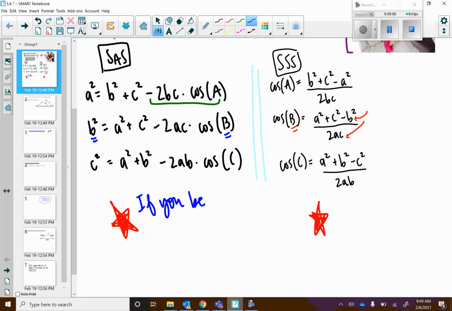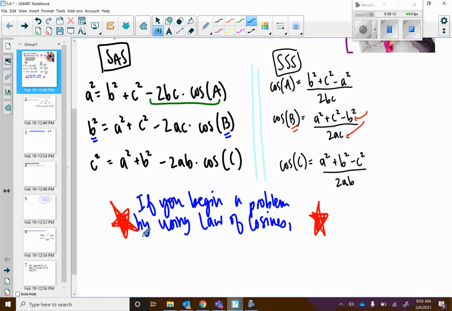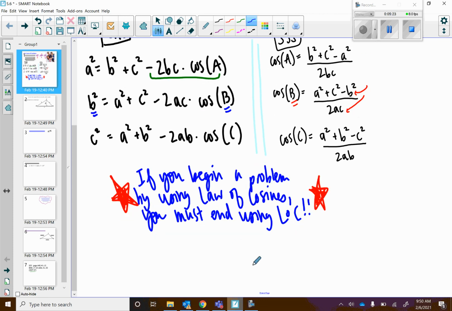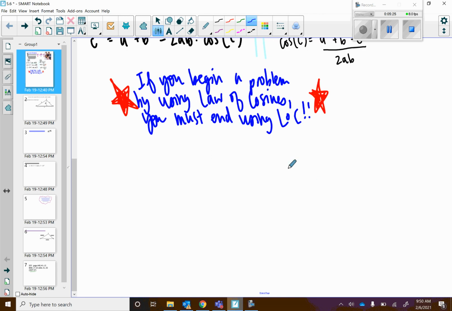If you begin a problem by using law of cosines, you must end the problem also using law of cosines, meaning don't switch over into law of sines, even though law of sines I realize is the easier option. Well, why is this?